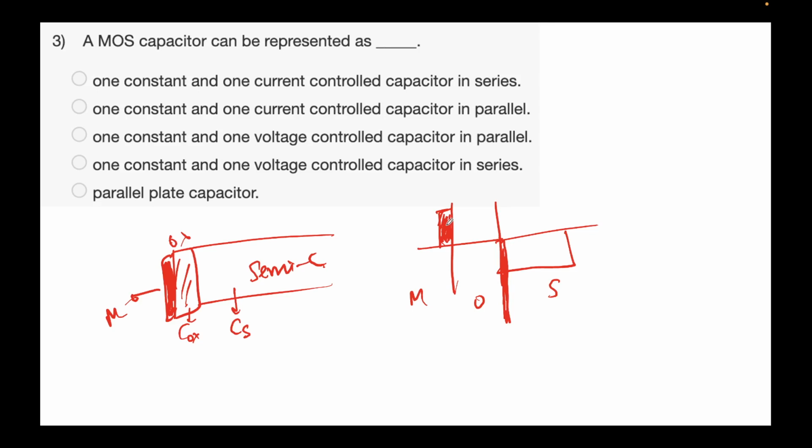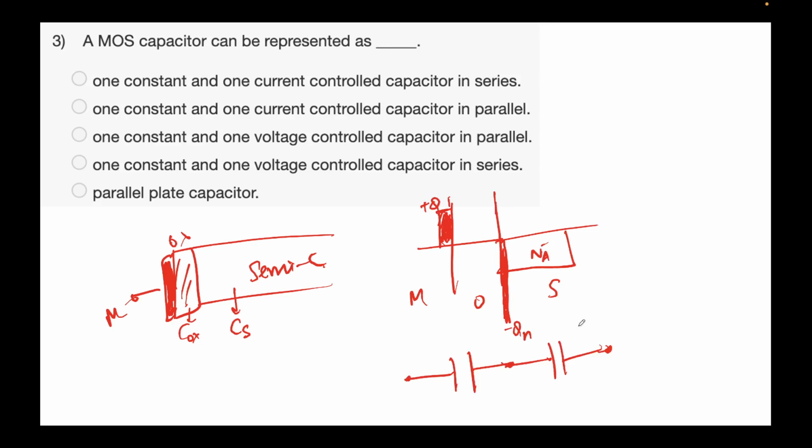So let me model this. Let's write it something like this. Correct? This is the first plate, this is the second plate. Here also, this is there, right? There's some charge here. I can also write this as a capacitor. But if it's not fully depleted, this is dependent on gate bias. Correct?